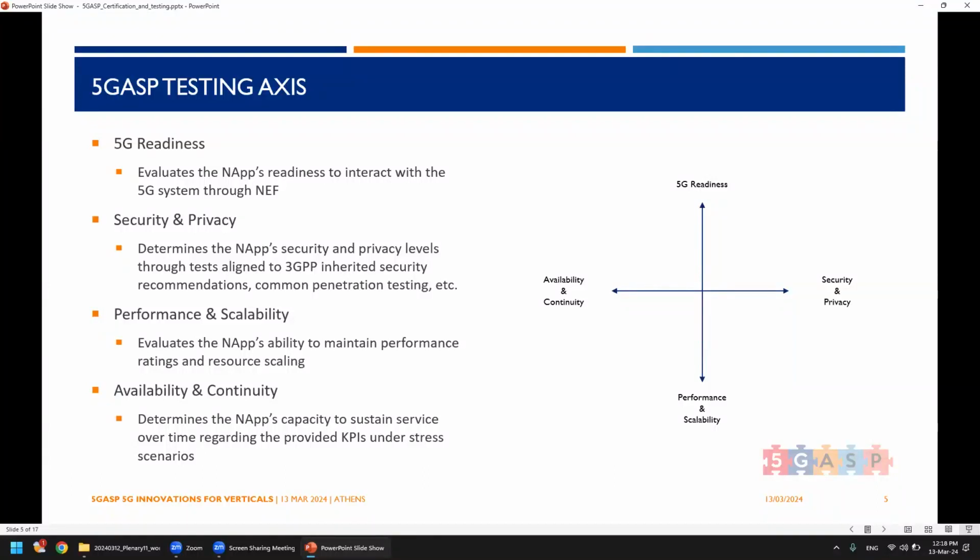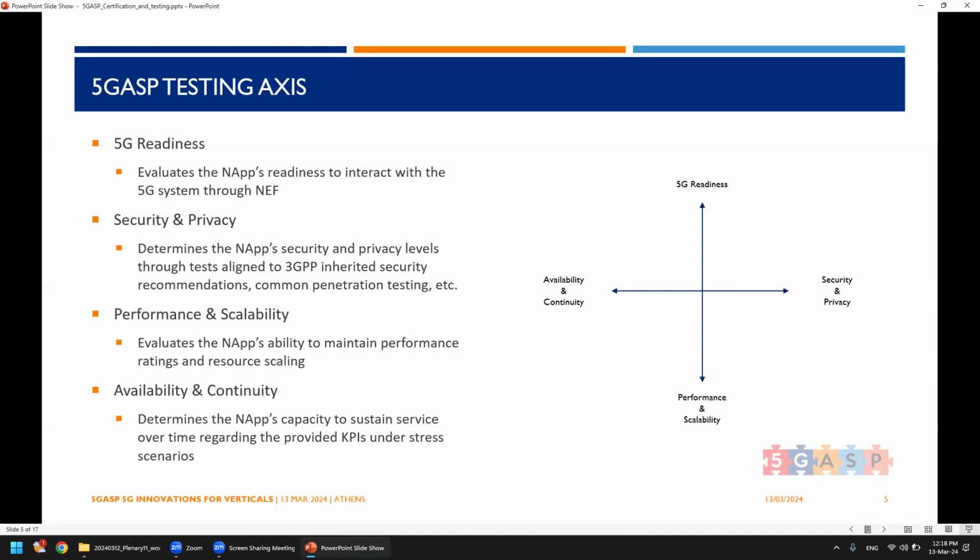5GASP incorporates two kinds of tests. The developer-defined tests, as the name suggests, are the tests provided by the developer to be run against the deployed network application.